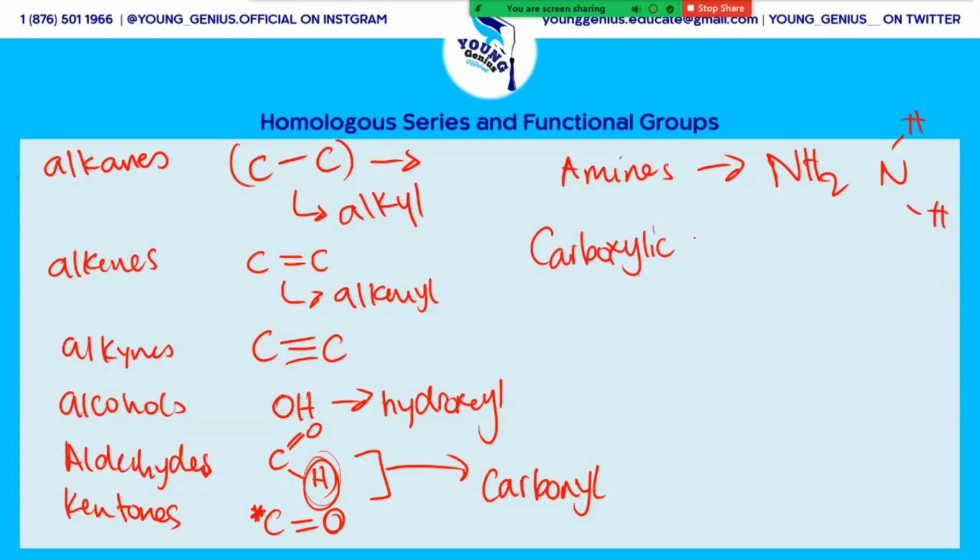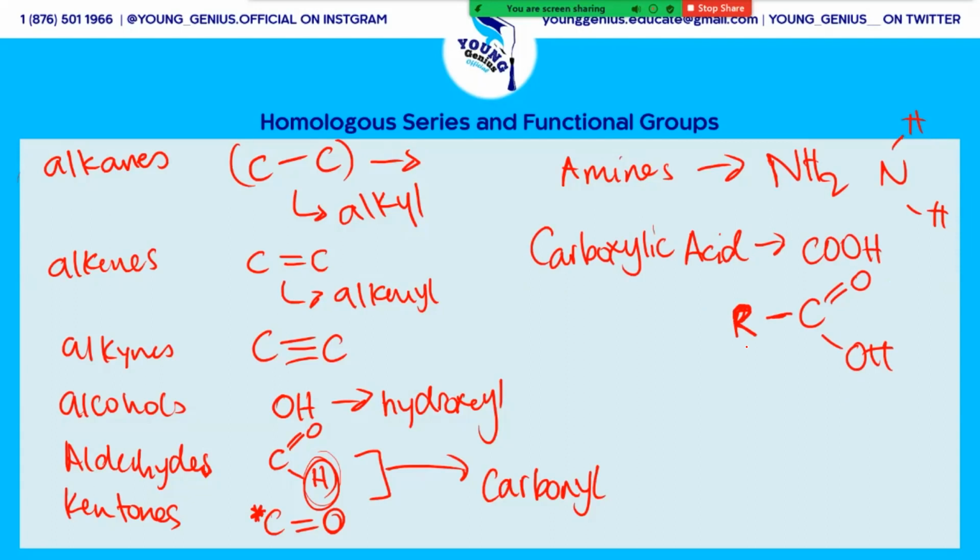You have the carboxylic acid group, which is represented by COOH, and you know that you have the C double bond O attached to an OH, hydroxyl group for that. And of course, for your final bond, you'd have an R group, and you know the R group is whatever atom you're attached to that, all right?